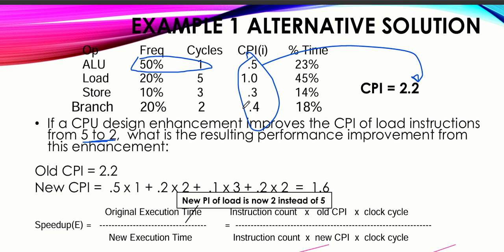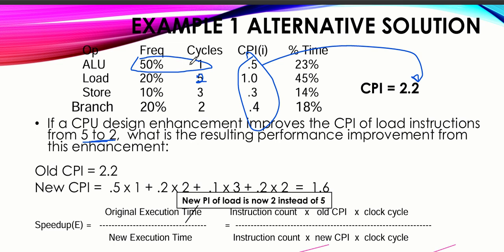Now you realize that the CPI of load instructions went from 5 to 2. So this time when you are re-evaluating this column, instead of using 5 here, you use 2, and that's the only change.